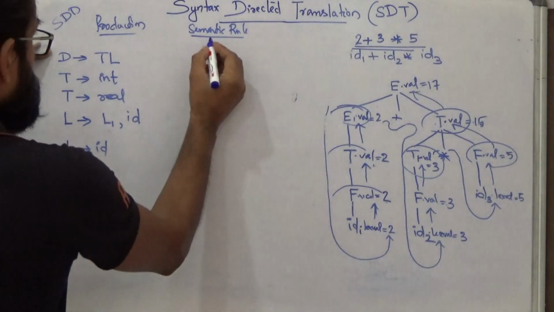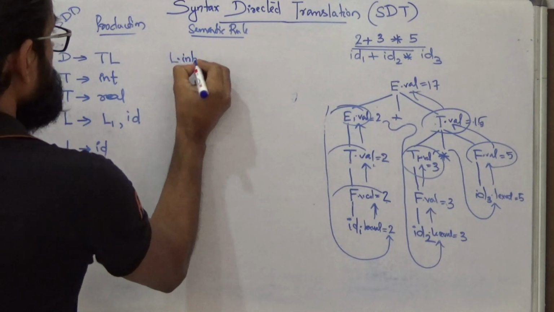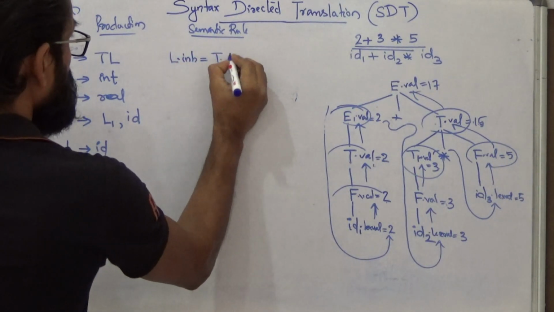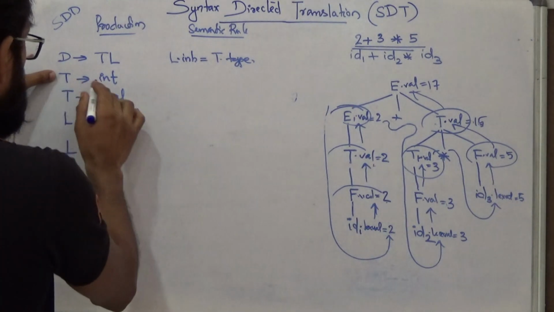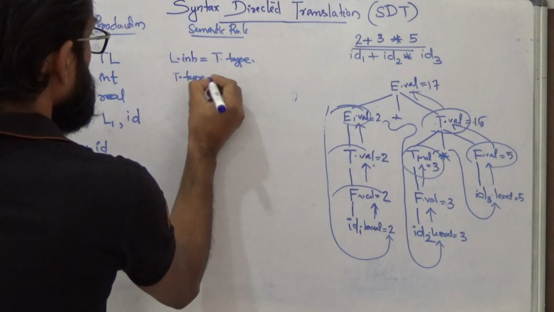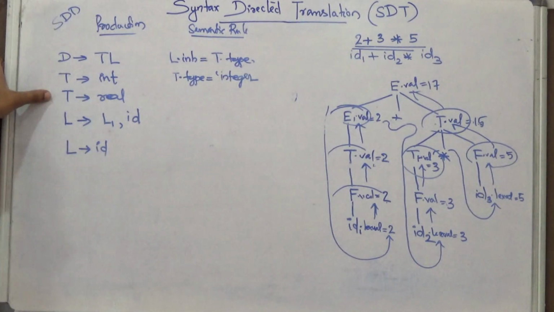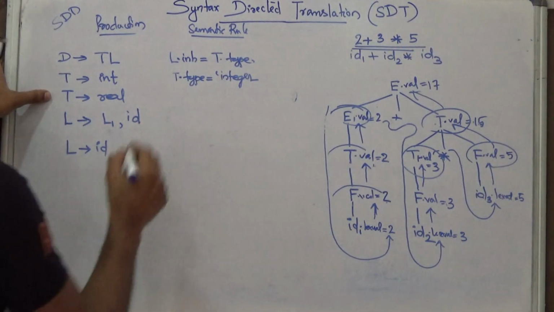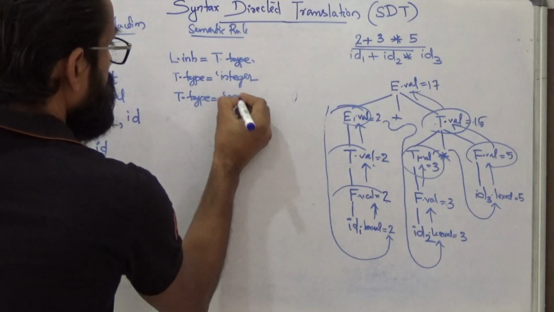So here let the semantic rule be L.inh is equal to T.type. Then for T, here it will be T.type equal to integer. Here it will be T.type equal to real.